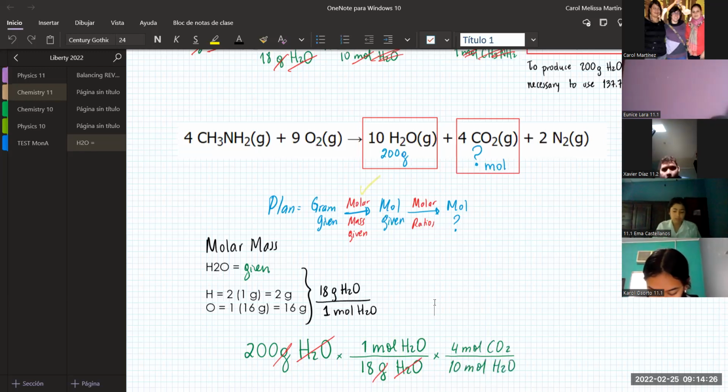Moles and moles, water and water. And this gives you 4.44.